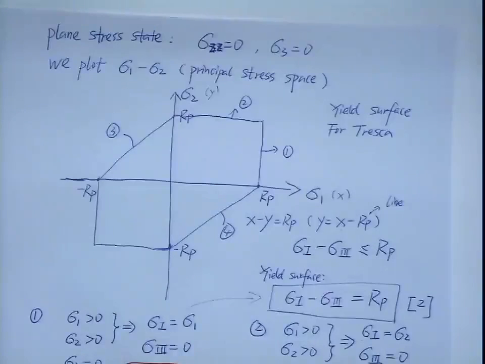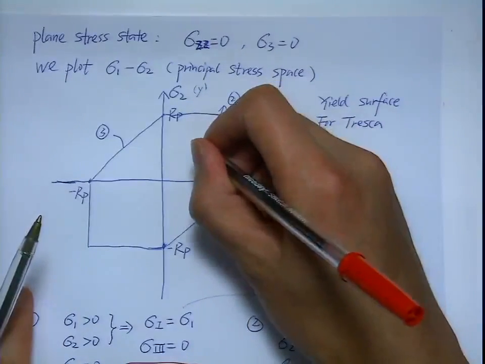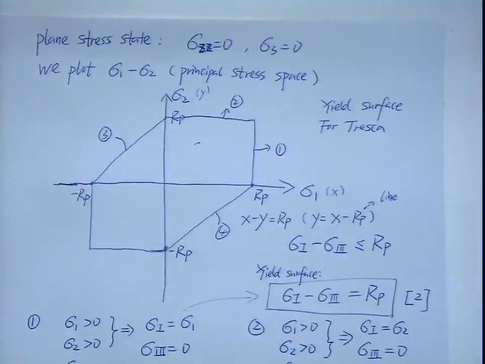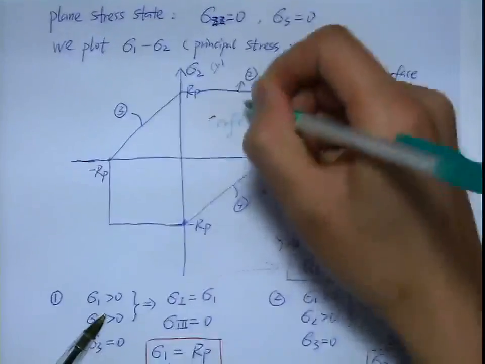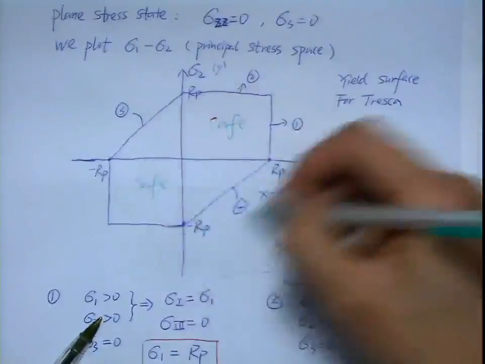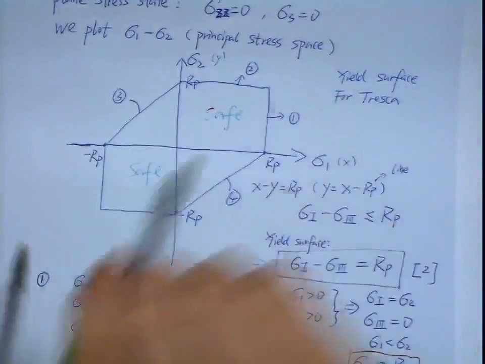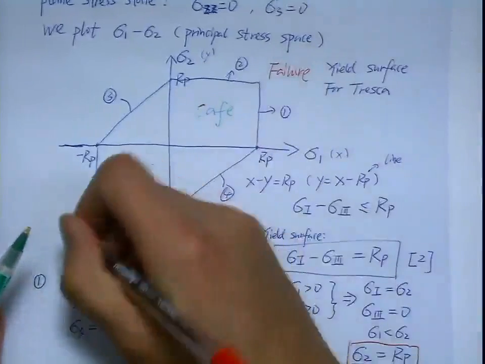So inside the yield surface, let's put the green mark here. This is safe. All this area inside is safe, but outside you have failure. Okay?